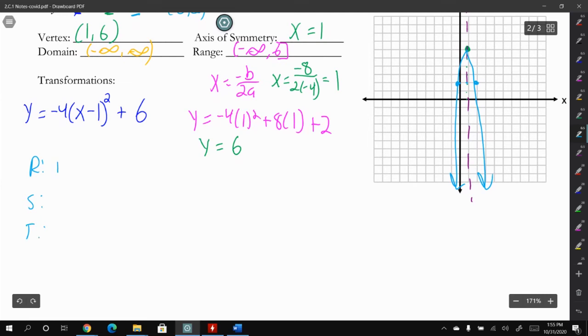Because a is negative, there is a reflection over the x-axis. Shrink or stretch is a vertical stretch by 4.